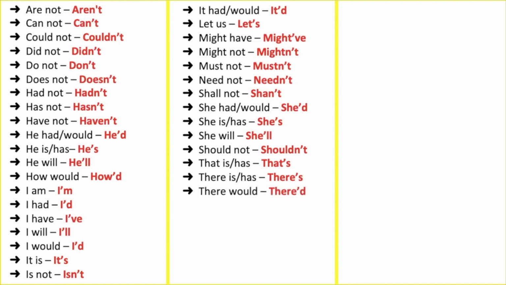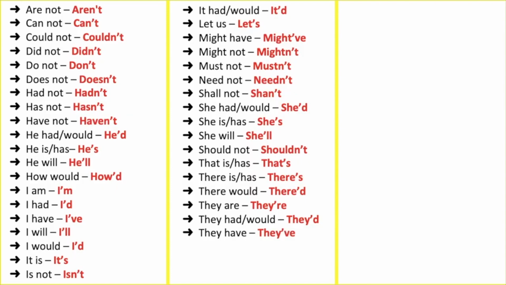There would, there'd. They are, they're. They had or they would, they'd. They have, they've. They will, they'll.